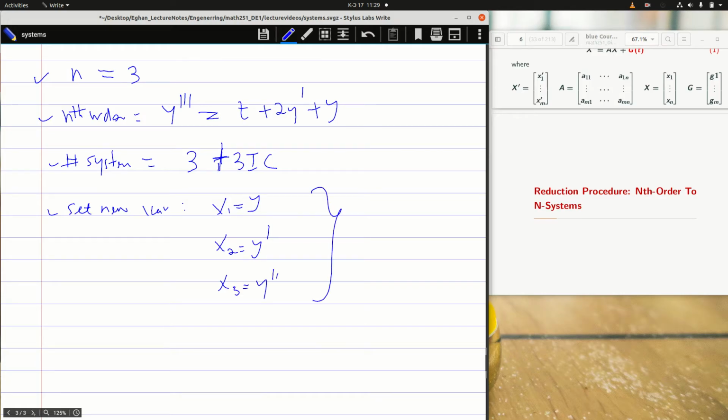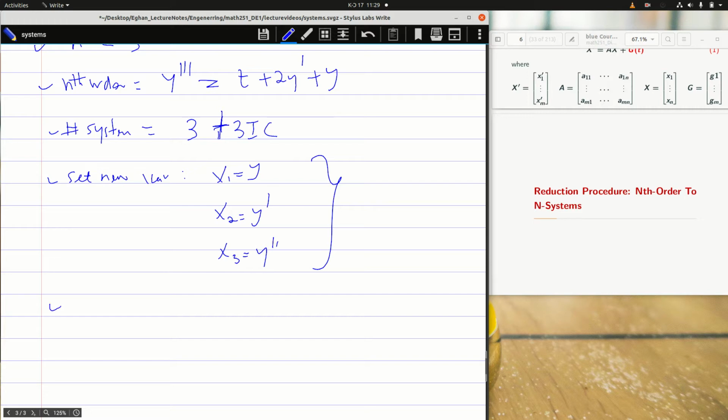The next thing is to differentiate these variables. So let's see. x1 prime will give me y prime. x2 prime would give me y prime prime. x3 prime will give me the third derivative. Now I want to convert these ones into the new variables.